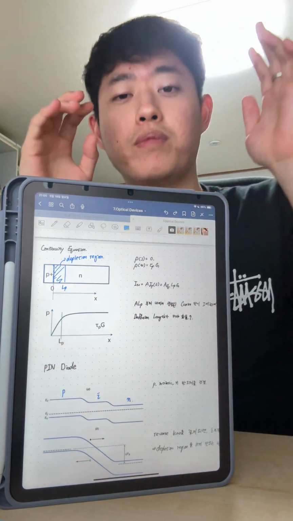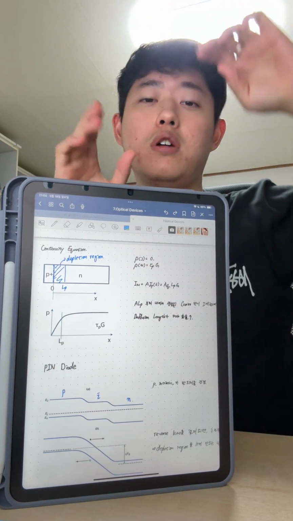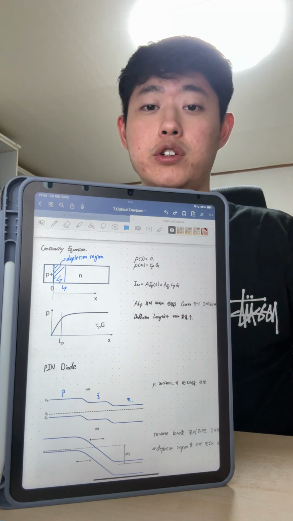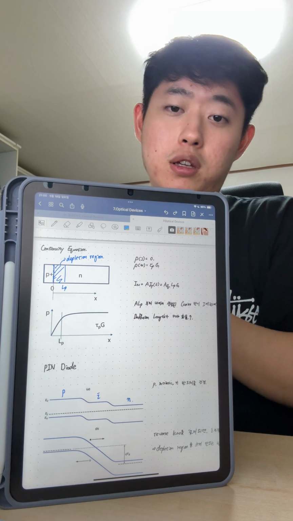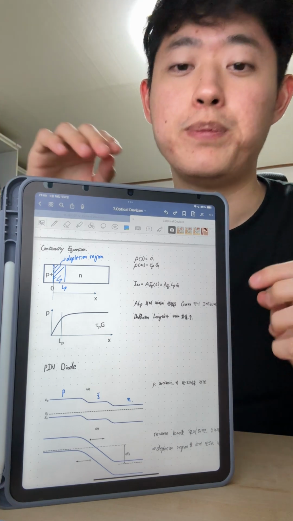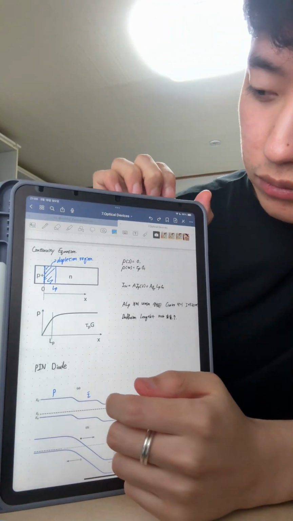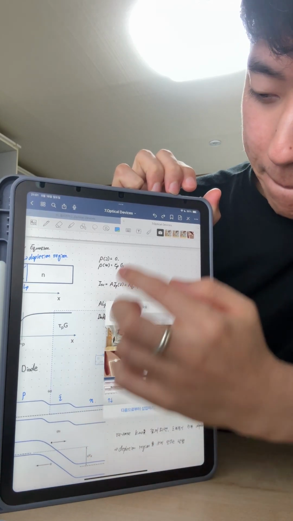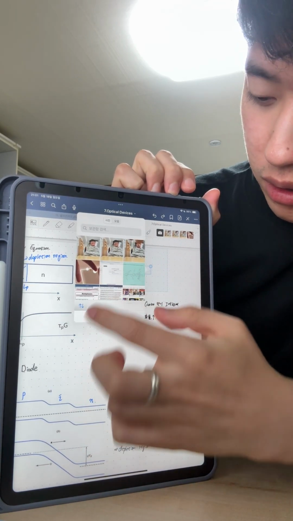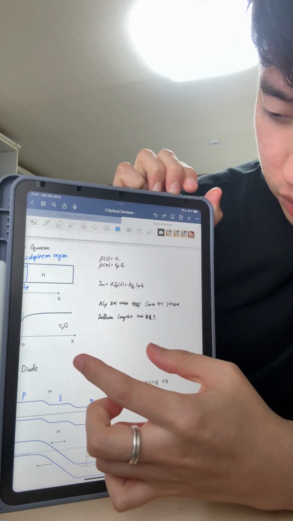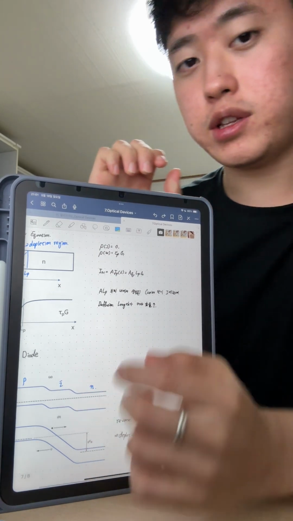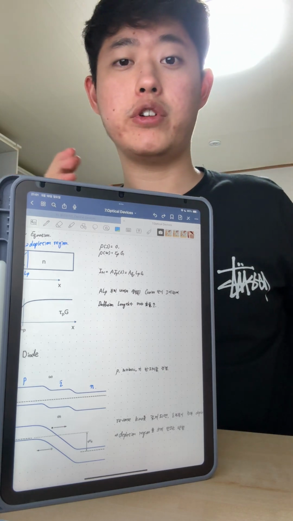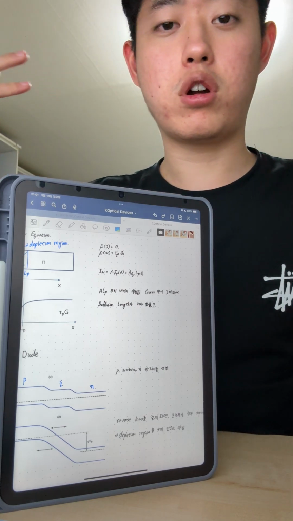So the N semiconductor region has a larger depletion region than the P depletion region. So we said before, a larger depletion region can make more current.